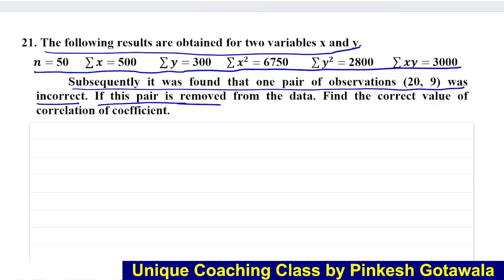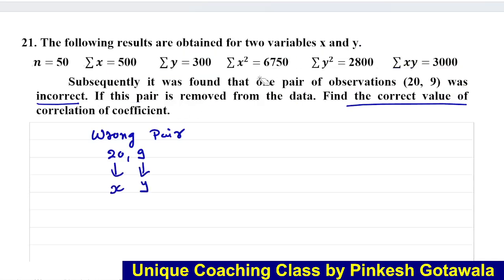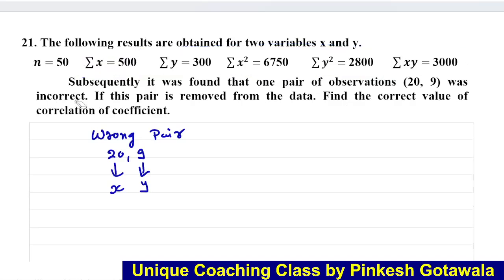If this pair is removed from the data, find the correct value. So here only the wrong pair is given, and it was incorrect, so we have to remove that 20 and 9. So very simple, this is our x, this is our y. This is a wrong pair, so whatever we find out here is wrong, so we have to correct them.